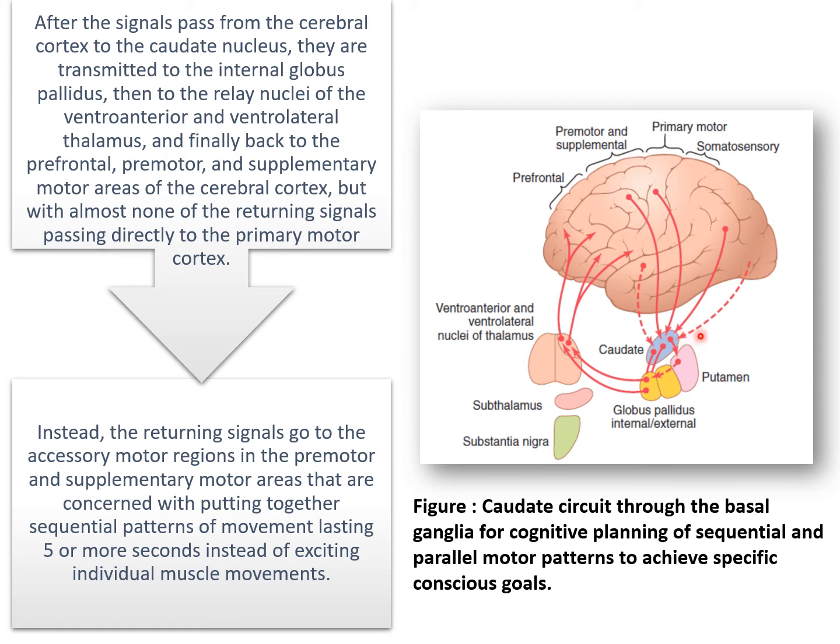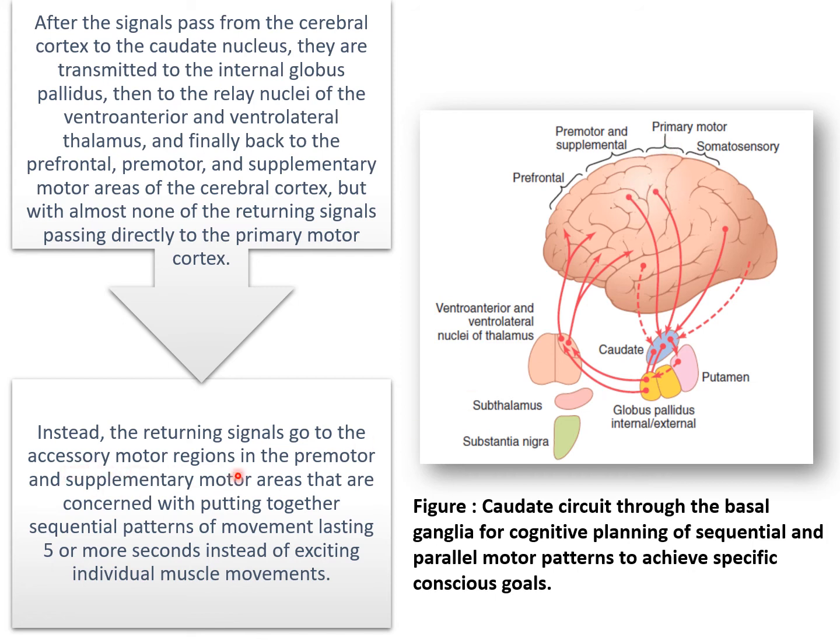After the signals pass from the cerebral cortex to the caudate nucleus, they are transmitted to the internal globus pallidus, then to the relay nuclei of the ventroanterior and ventrolateral nuclei of the thalamus, and finally back to the prefrontal, premotor and supplementary motor areas of the cerebral cortex, but with almost none of the returning signals passing directly to the primary motor cortex.